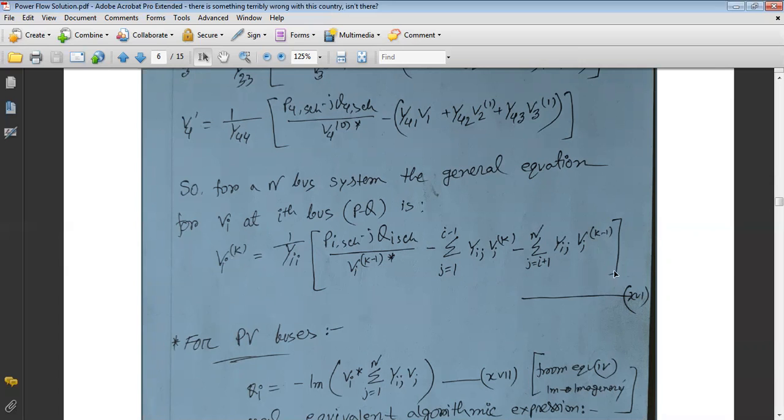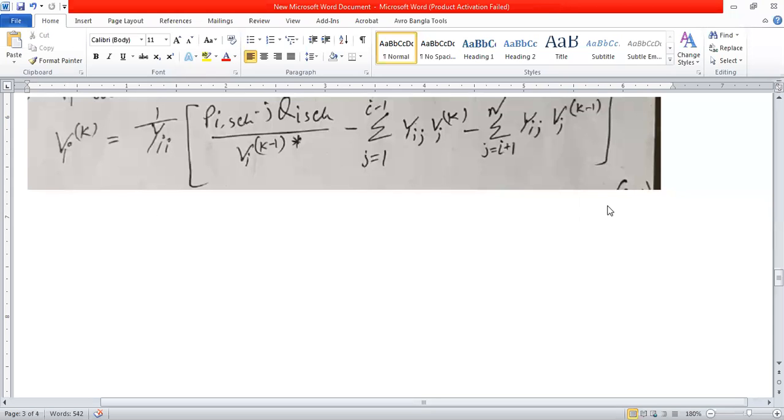By using this equation, we can easily calculate the bus voltage and angle of such a power system by using the Gauss-Seidel method. If these are all load buses, then this is the general equation of the Gauss-Seidel method to find the bus voltage and angle.